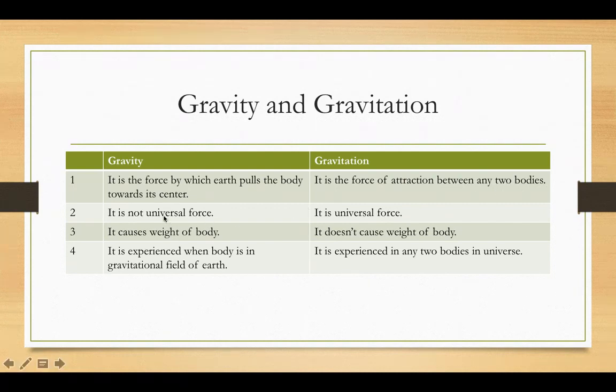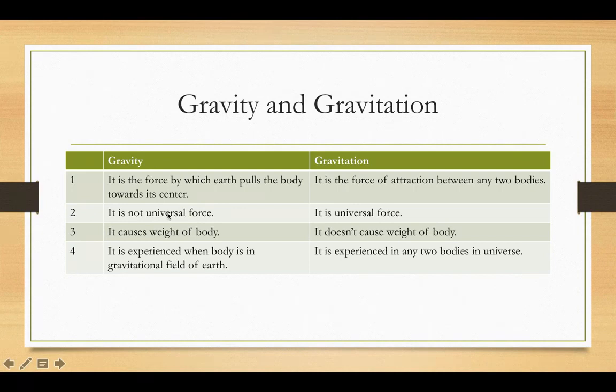Gravity is not a universal force. The reason is that gravity is not exerted by any kind of body. It is always exerted by a huge body. As I told you, gravity is exerted only by a body having huge mass.